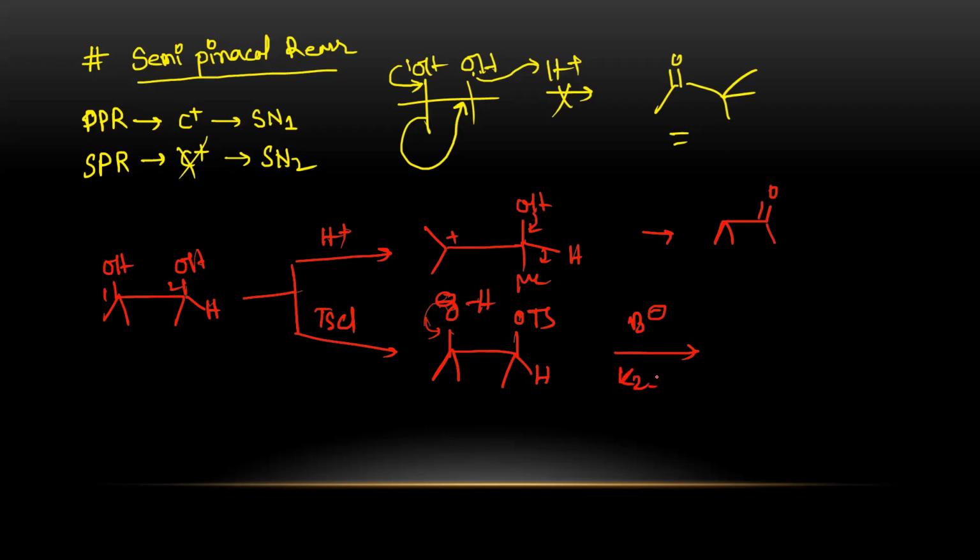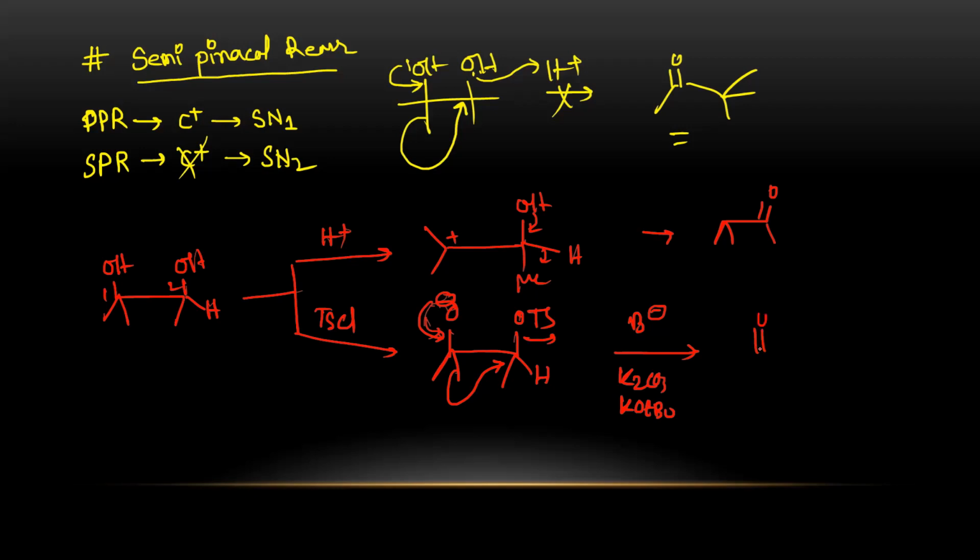Very weak bases are also enough, for example K2CO3 or potassium tert-butoxide, KOtBu. These are also sufficient for this deprotonation. When it is deprotonated, O minus will simply attack, the methyl group will migrate, and OTs will leave.